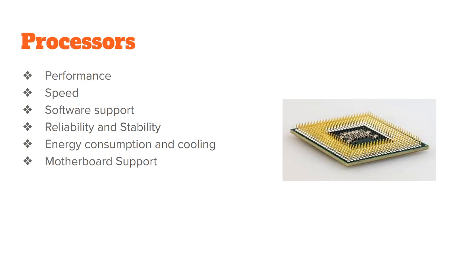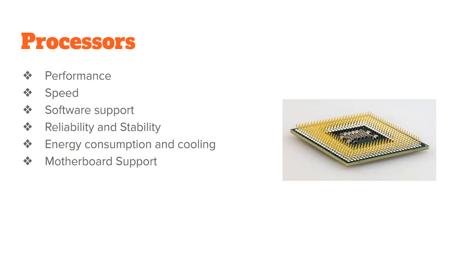First thing is of course the performance, that is, speed and accuracy. If you use a high-end processor, of course your speed will be the highest, and you will have very accurate answers for your questions or problems.